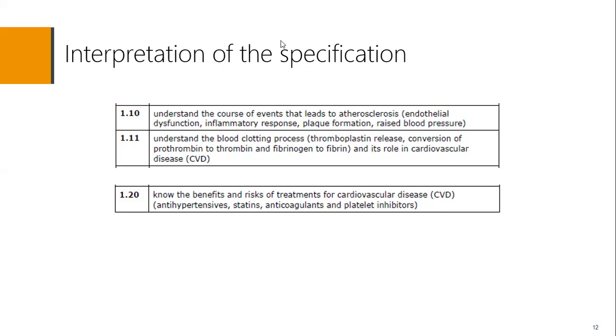Then at the end of the second year, you would take units 4, 5, and 6 and amalgamate them together to give you the IA2.